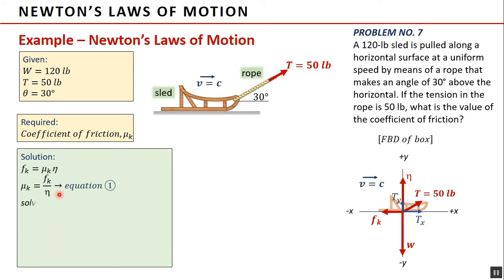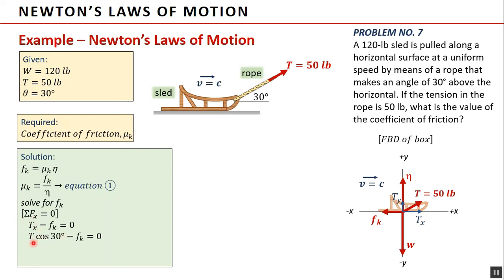We can solve for kinetic friction, Fk, using Newton's first law, since the sled moves horizontally with constant velocity. So the summation of forces along the x-axis is equal to 0. From our FBD, the forces along x are Tx and negative Fk, and we equate this to 0. Next, we express Tx in terms of the tension T and the angle 30 degrees.